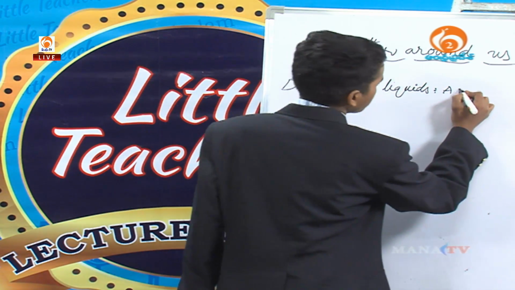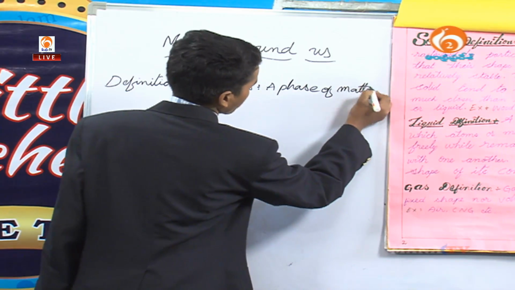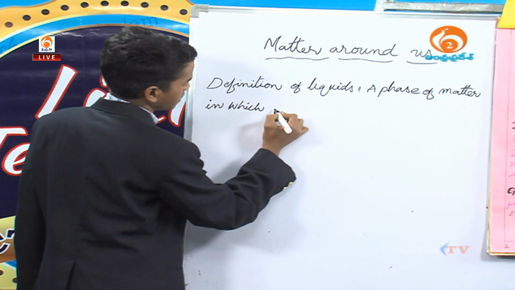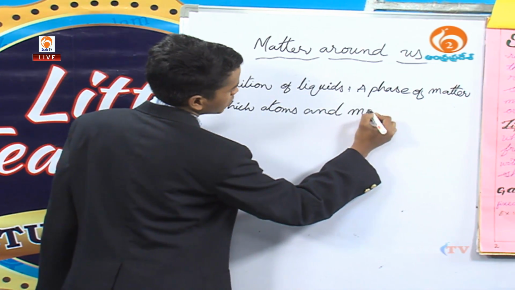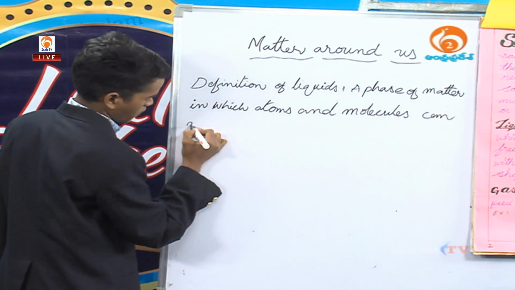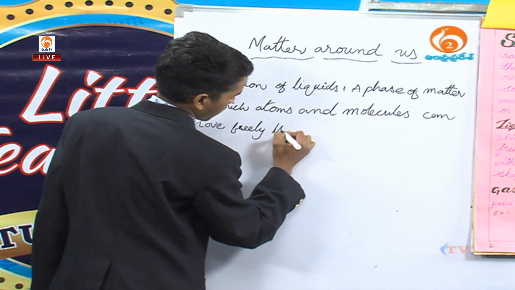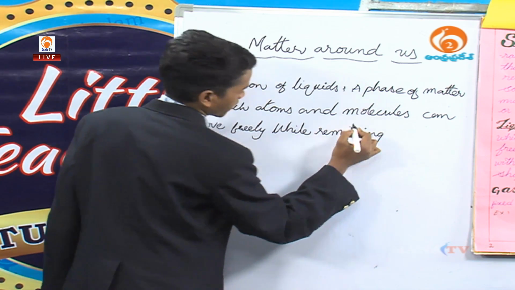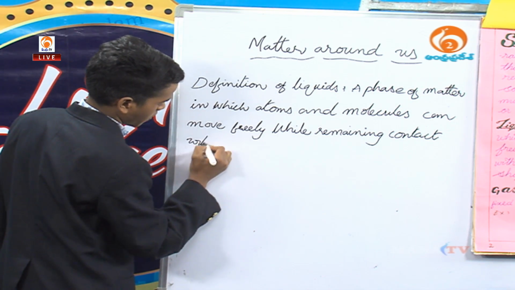A phase of matter in which atoms and molecules can move freely while remaining in contact with one another.